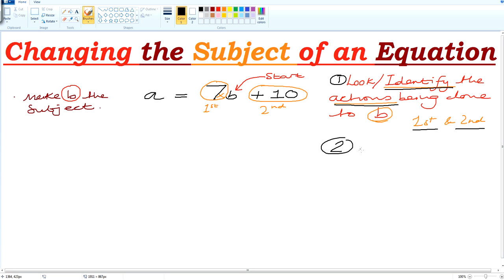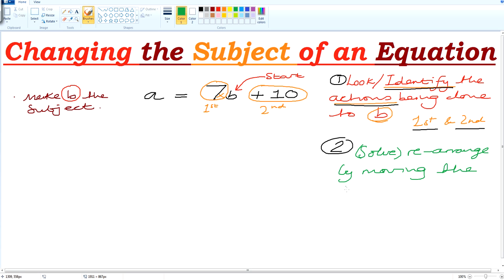This next part. Now, if we are going to solve, actually I'll put that in brackets, we're going to rearrange by moving the actions.